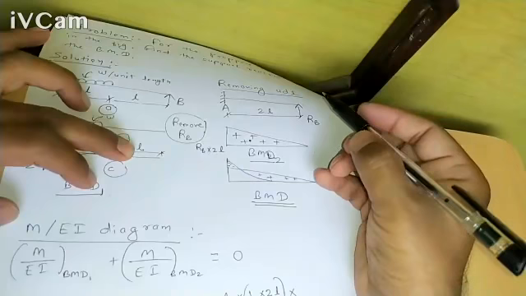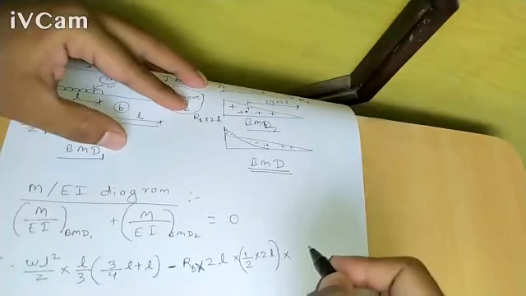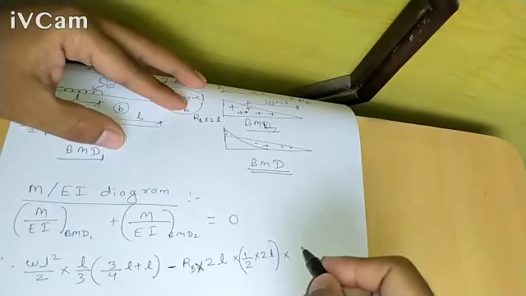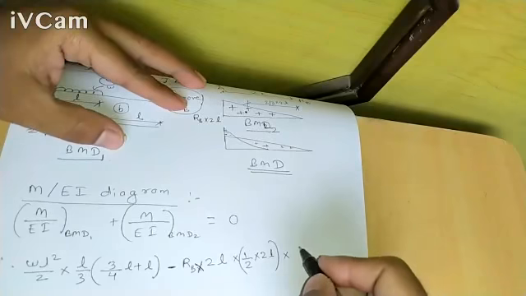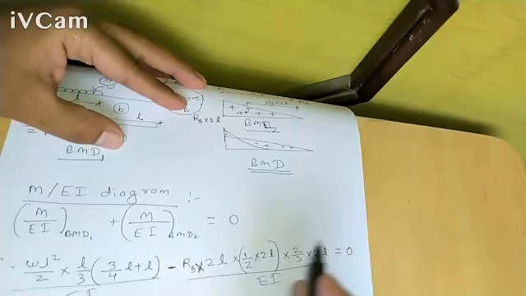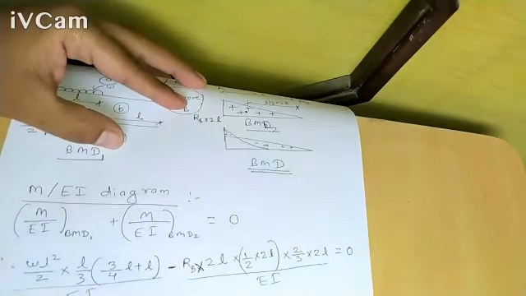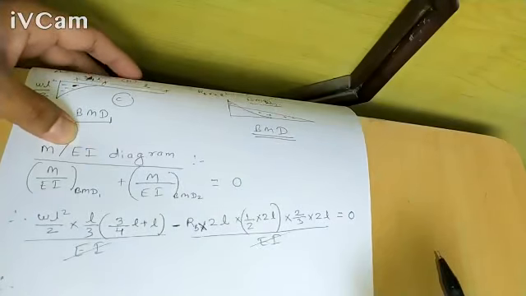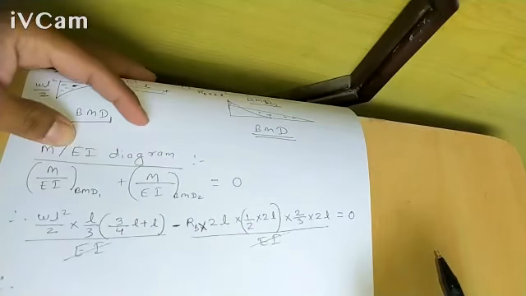Now in this case, if you solve it finally, you will get RB equals 7WL by 64. So we just need to solve this part, and we will get RB as 7WL divided by 64.